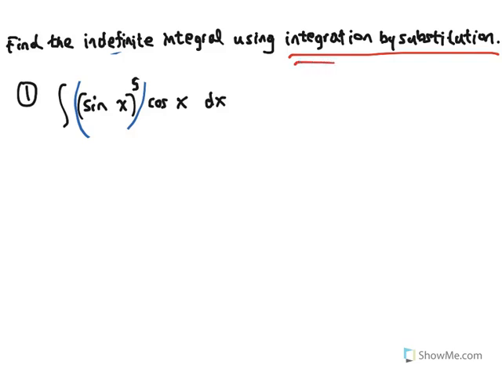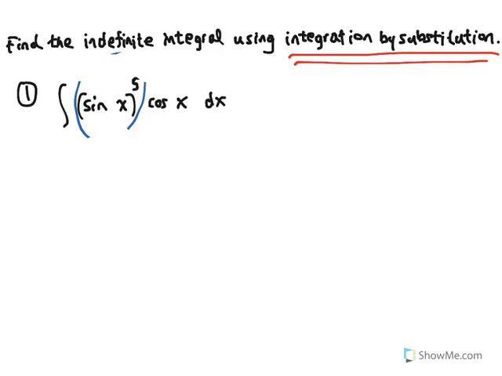What's the idea with integration by substitution? The idea is this. You want to see if you can rewrite the integrand in terms of another variable so that it could be made to fit a basic integration rule that we've learned about. And then you can integrate, and then you can go back to your original variable.